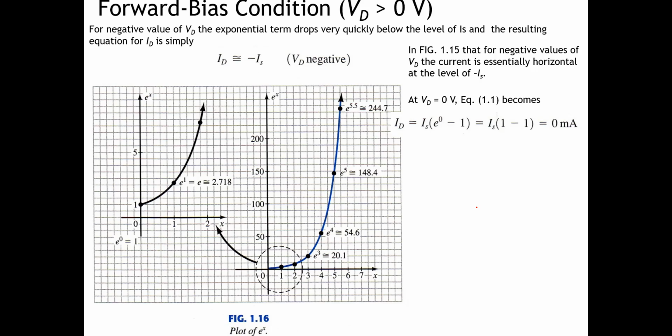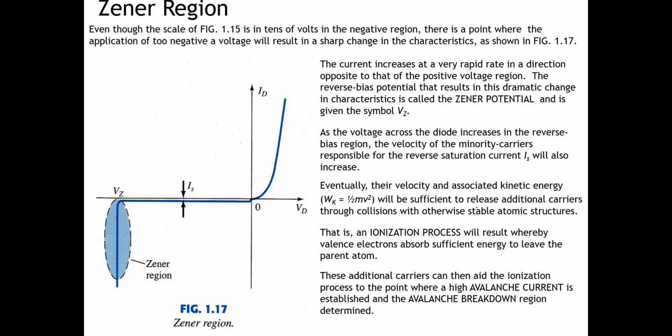Okay, so I skip this one. And how about the Zener region? Before that, if we apply a positive bias, like we have the diode like this, n-type and p-type, with the positive here, the current will flow if we put a large enough Vd here.